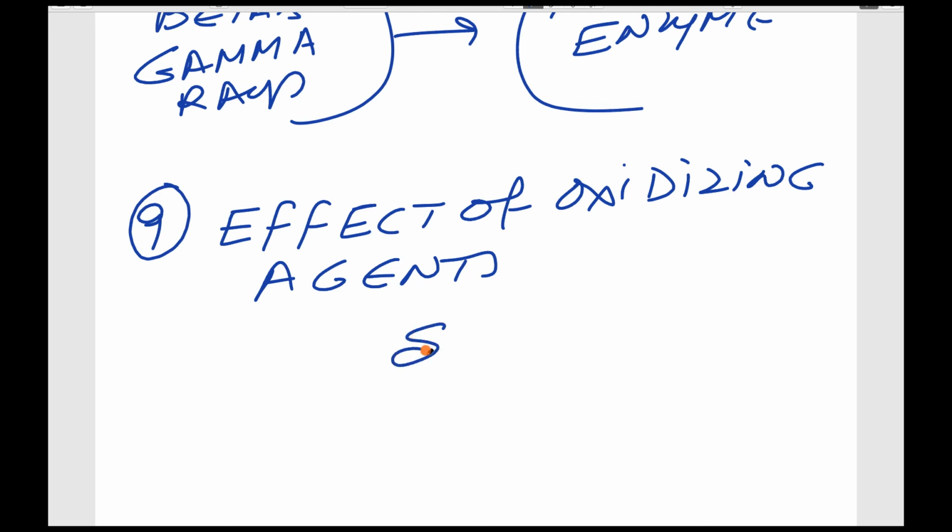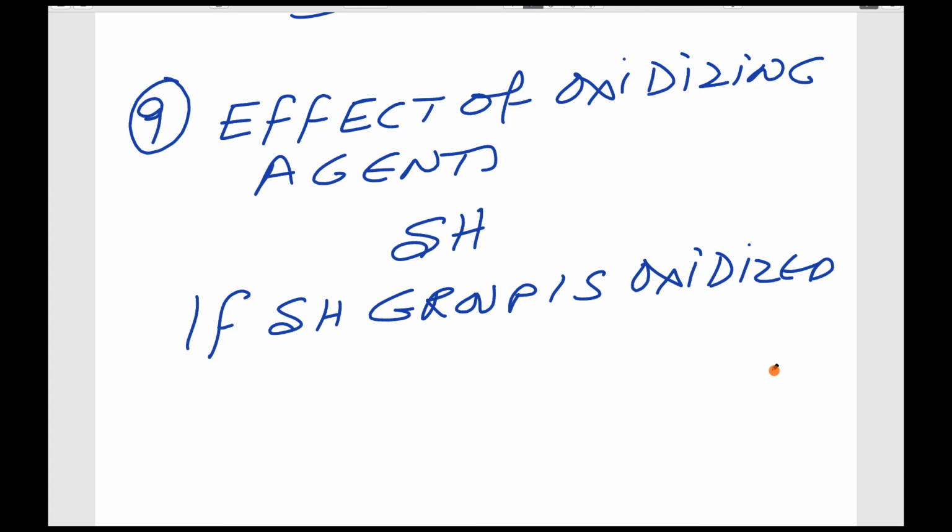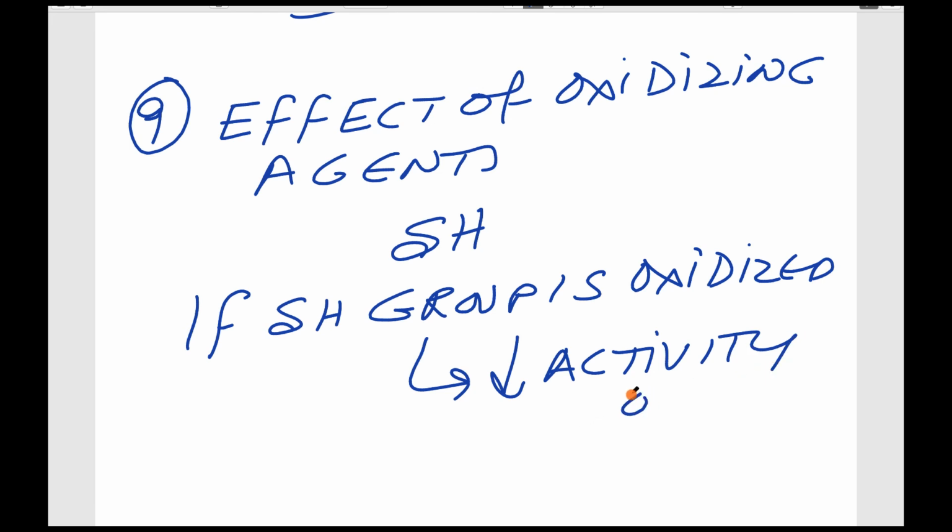What is that group? The SH group. Suppose the SH group is oxidized, then what happens? The active site will not be proper. In that condition, the activity of the enzyme is decreased.